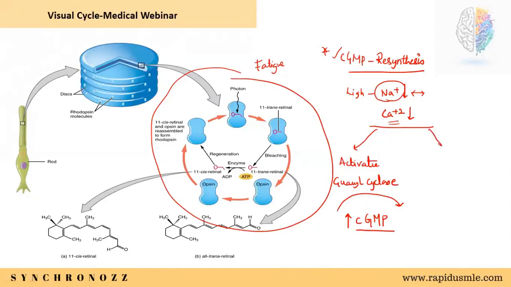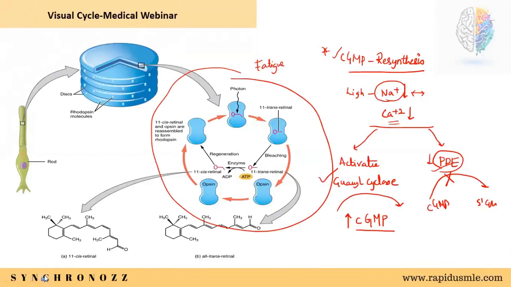The other principle is that low calcium also decreases the activity of phosphodiesterase enzyme. What does phosphodiesterase do? It converts cyclic GMP to 5-GMP. So this conversion is stopped because of this. So resynthesis occurs by two principles: activation of guanyl cyclase and decrease in activity of phosphodiesterase enzyme. So this will conclude our session on the visual cycle.